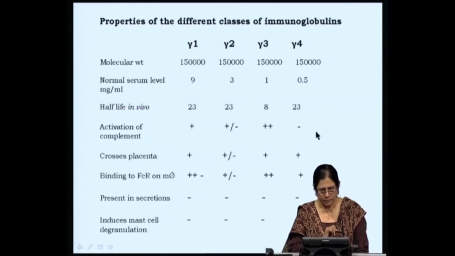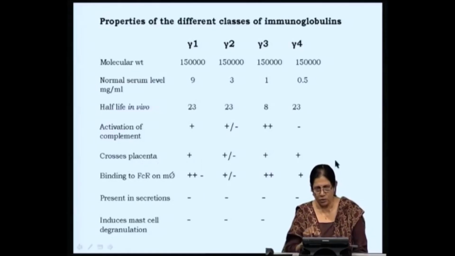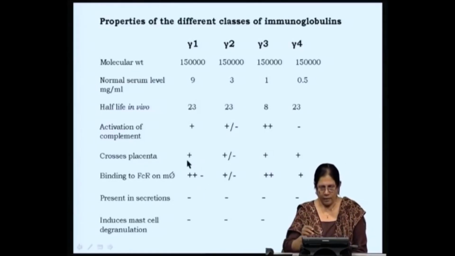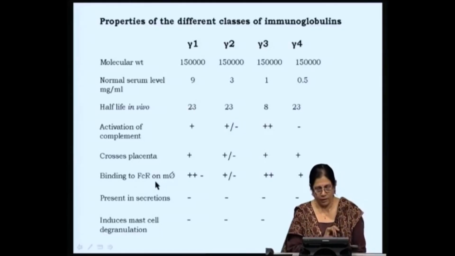the complement. Do all of them cross placenta to confer immunity to the fetus? IgGs can, but IgG 2 has minimal ability to cross the placenta. IgG 1 and 3 can bind to the Fc receptors on macrophages.